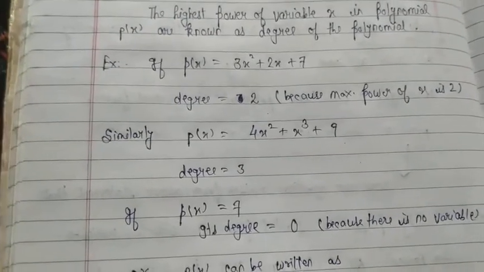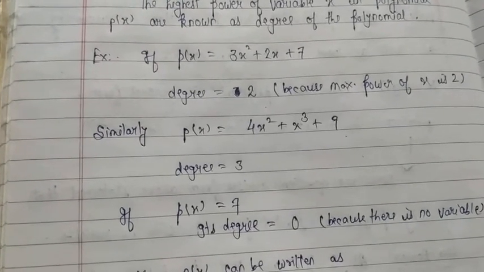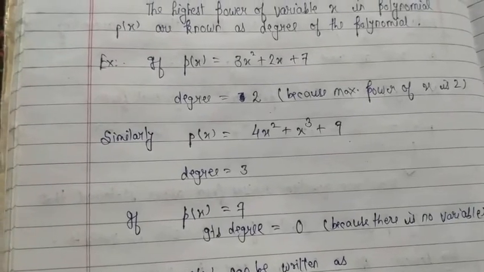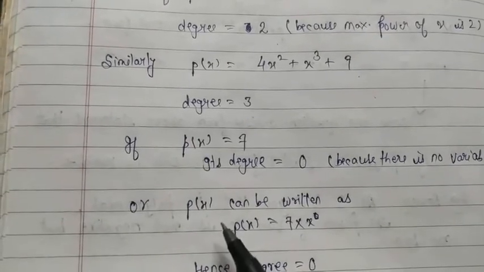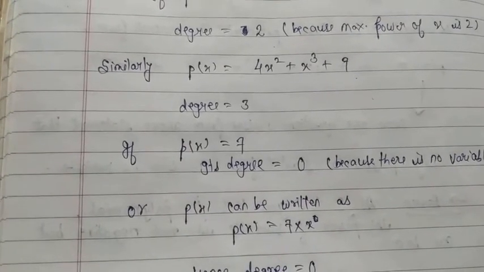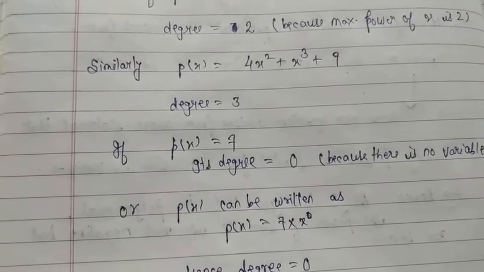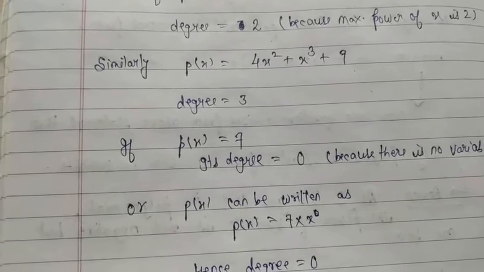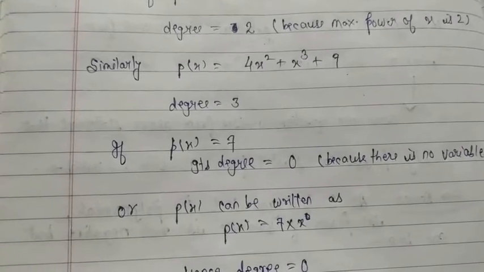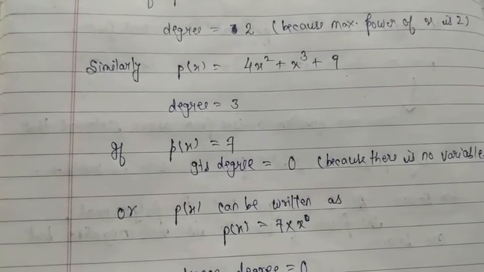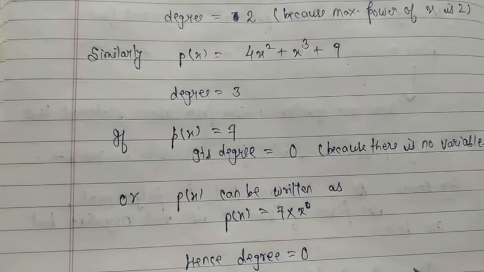Now see another polynomial, that is p(x) equal to 7. Most students will see there is no variable, so how can it be a polynomial? It is a polynomial. How? I will explain later. See here, p(x) can also be written as 7 into x to the power 0, and the value of x to the power 0, I have already told you, is 1.